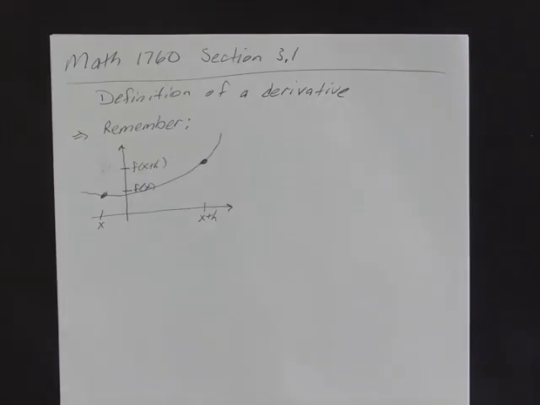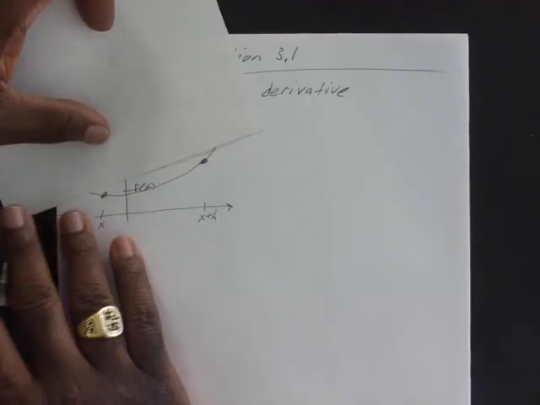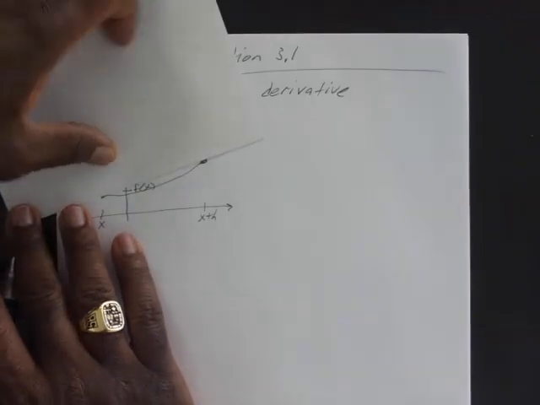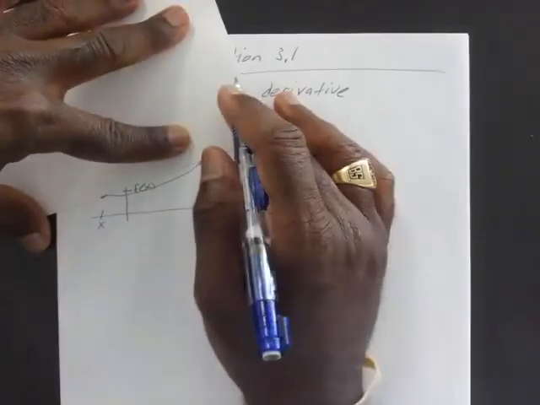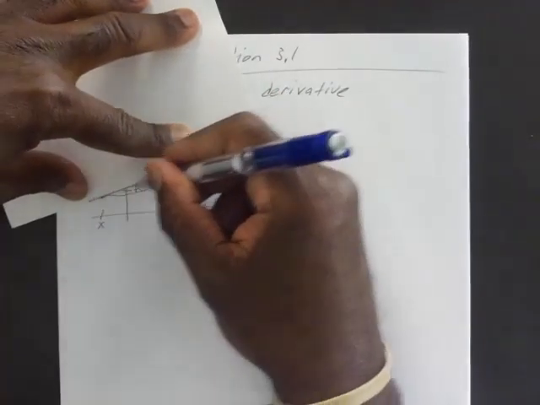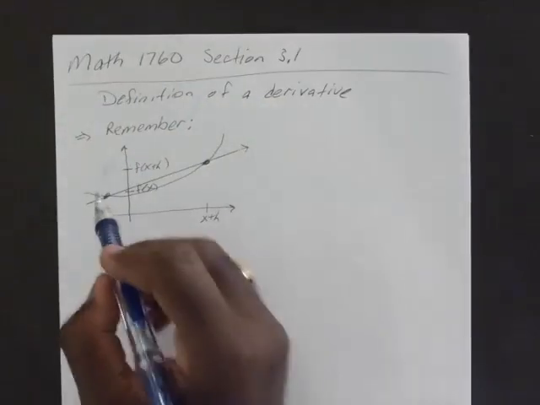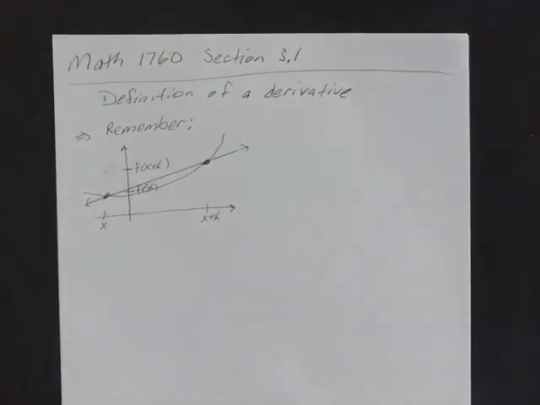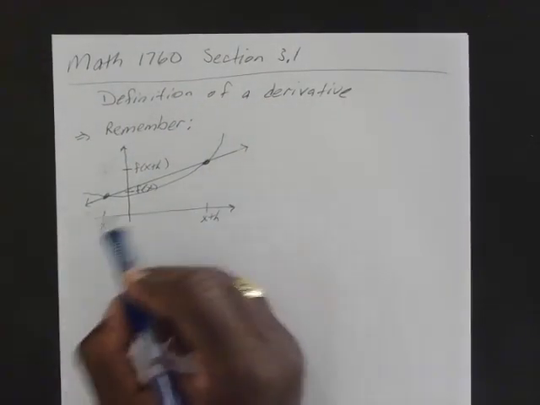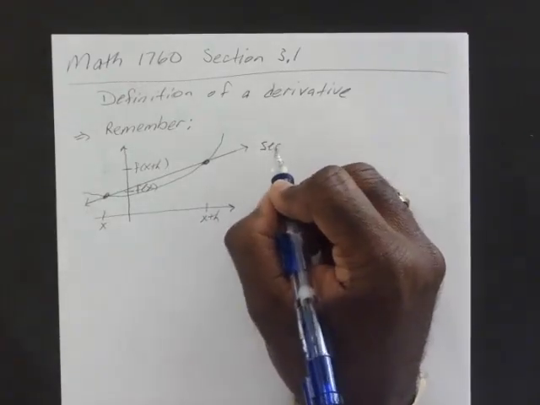And if you connect those two points, this line is your secant line.